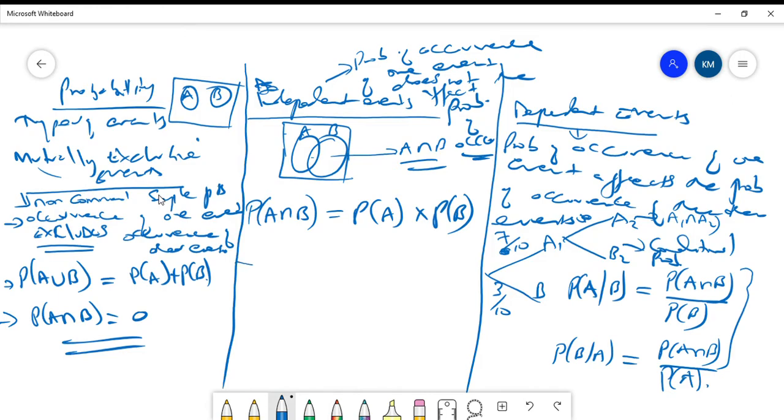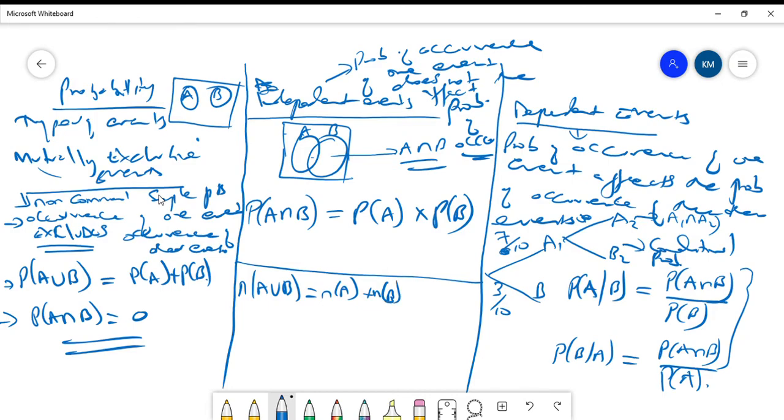Finally, when you are dealing with these two, the dependent and the independent, what happens to the union? Let me go back to this Venn diagram. If I want to look for the union of A and B, the number of elements in A union B, you can see very clearly, I pick the number of elements in A, I add the number of elements in B, but I have picked the intersection twice.